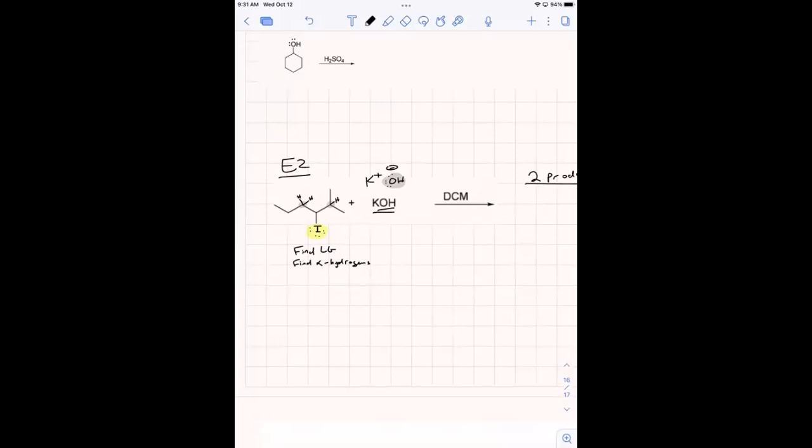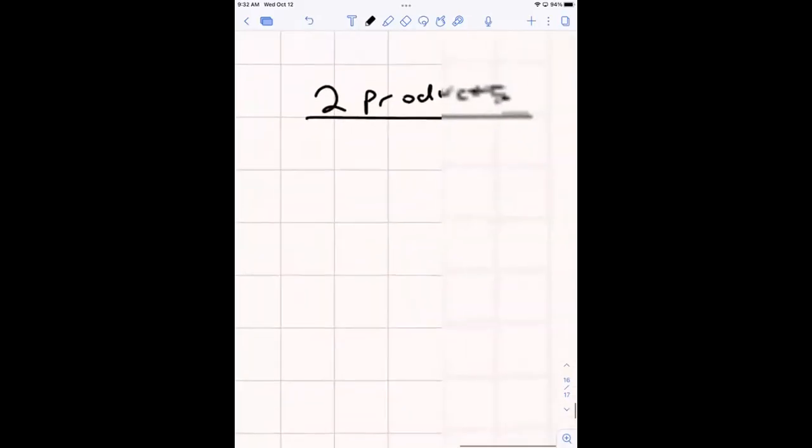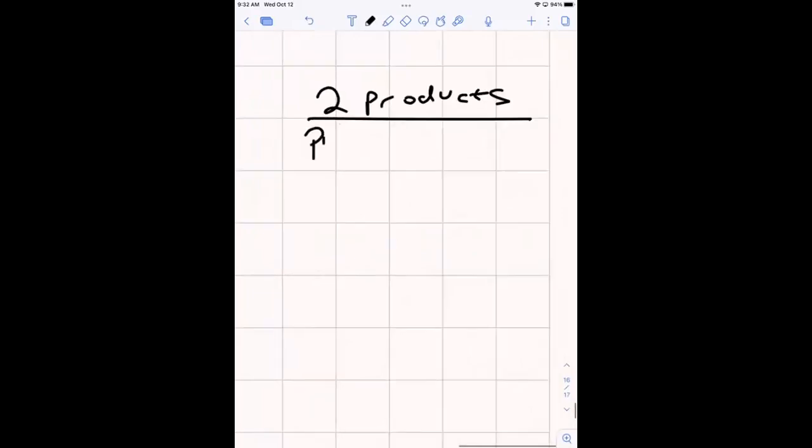The first word was product, but there's a word that came after it. Do you mean like the minor and major products? Yes, that's exactly what I'm getting at. But that was a term or a phrase that we use to describe the fact that you get minor and major. It was called the product distribution.